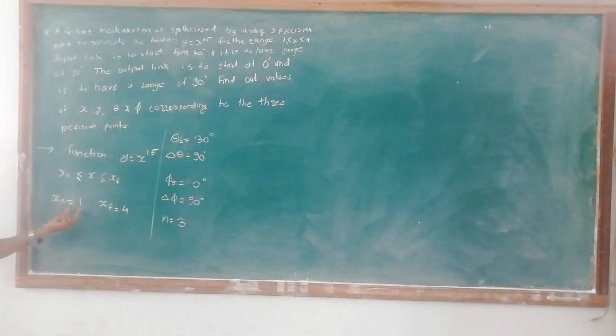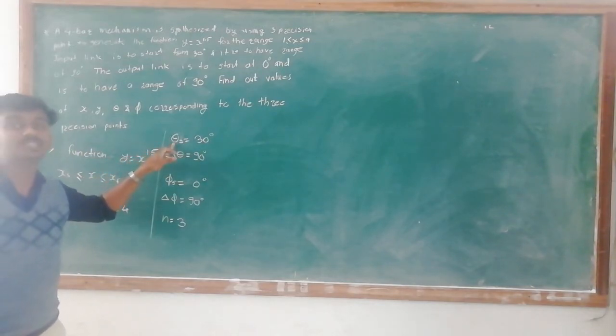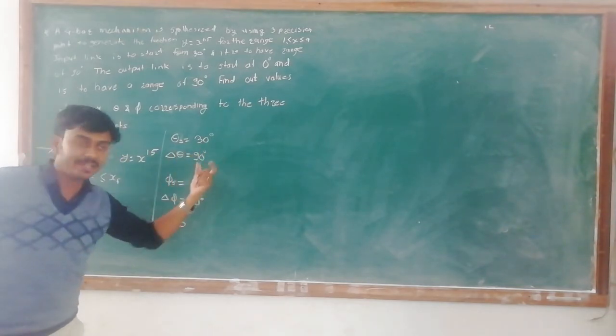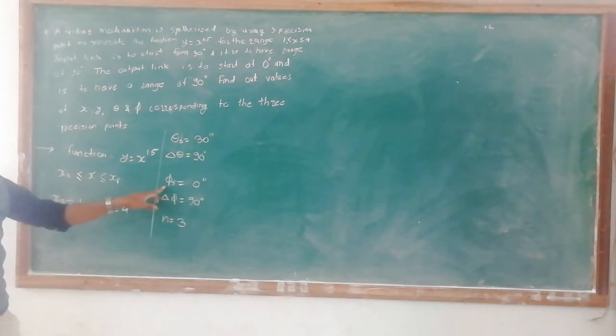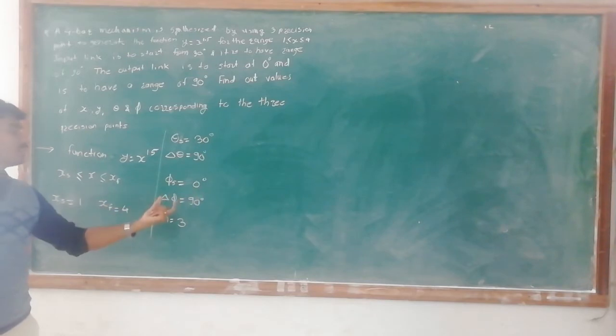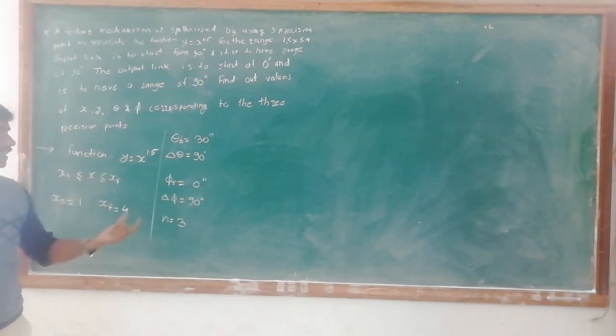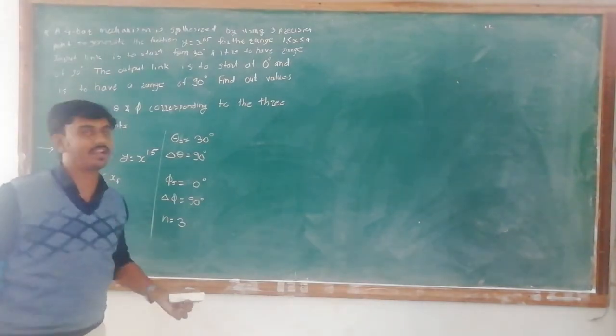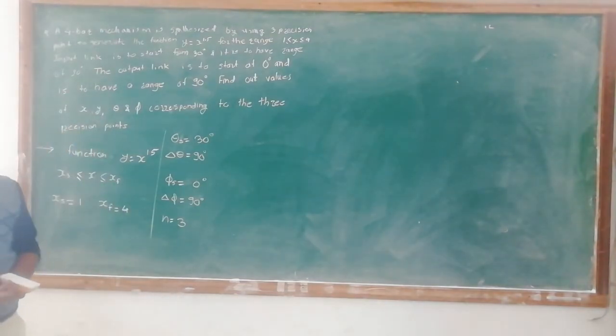Starting of x is 1, finish of x is 4. Starting of theta is 30 degree and delta theta is 90 degree. Starting of phi is 0 degree, delta phi is 90 degree and n, the precision points, is 3. So we have to find x, y, theta and phi for 3 precision points.